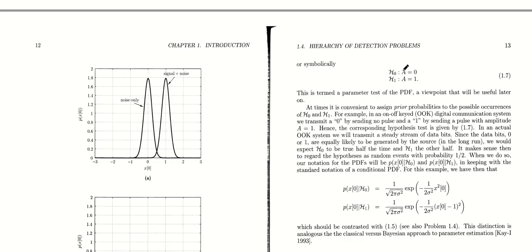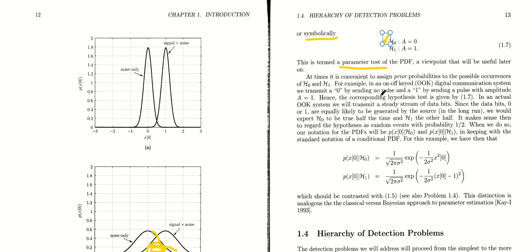So symbolically, hypothesis H0 is A equal to 0, and H1 is A equal to 1. This is in turn a parameter test of a PDF.